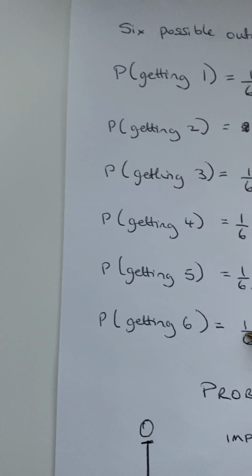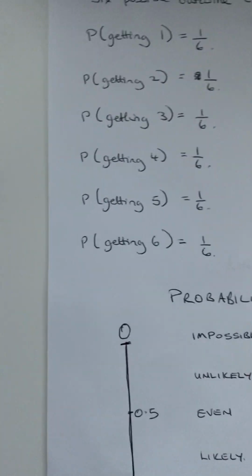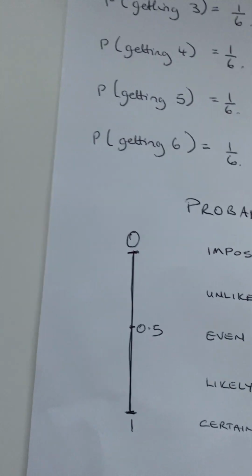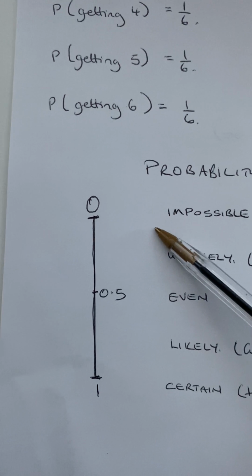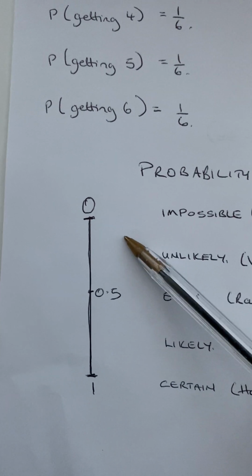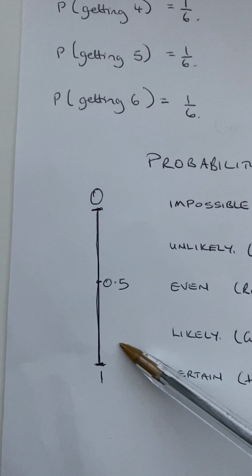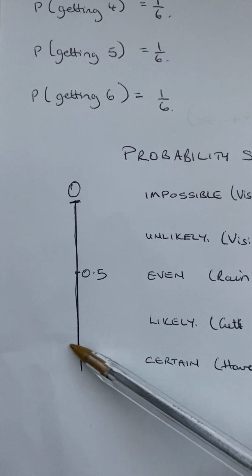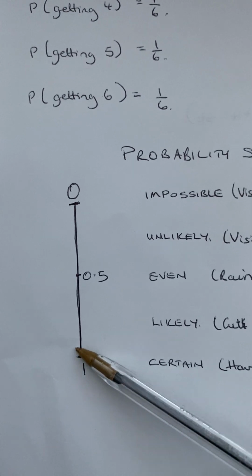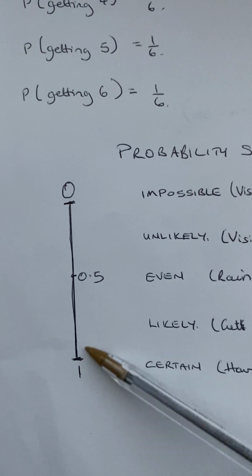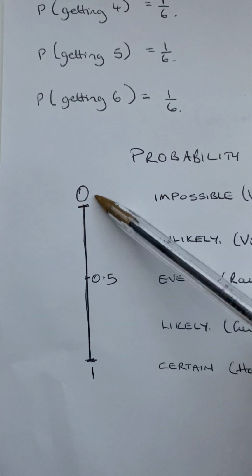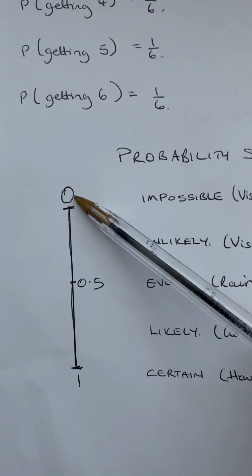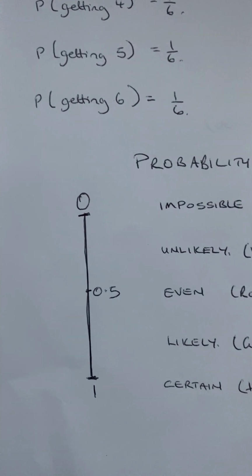Okay, now in our last video we saw that the probability scale is between 0 and 1. So we cannot have a probability answer beyond 1, and we can't have a probability answer below 0.